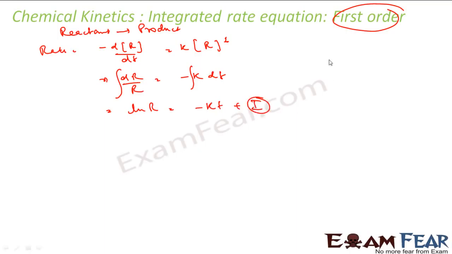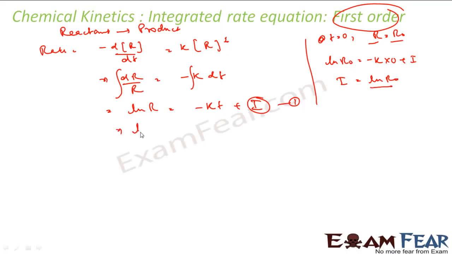To find the value of the integral constant, let's put that at t is equal to 0, R is nothing but R naught, the initial concentration. We have seen this. This R is at any time. So let's put that in equation 1. You get ln R naught is equal to minus k into 0 plus I. So I is nothing but ln R naught.